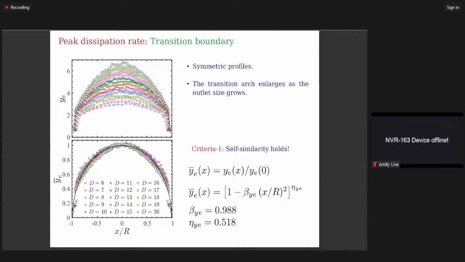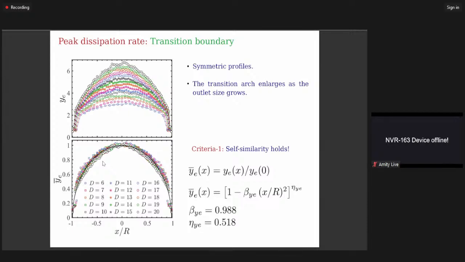For the transition boundary, here we plotted for 15 outlet sizes. As the outlet size grows, the transition arch, of course, enlarges. This is expected. But when we scale it with respect to its maximum value, or the value at the center, the whole data essentially collapses.